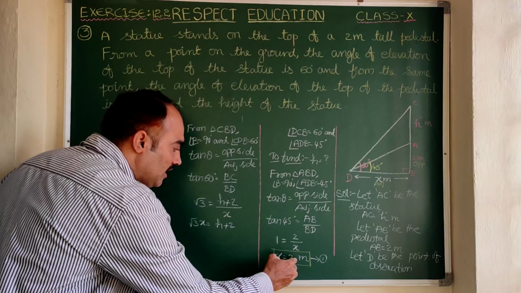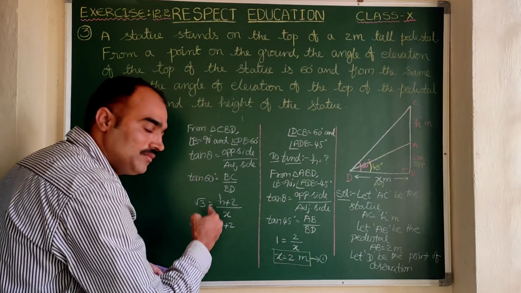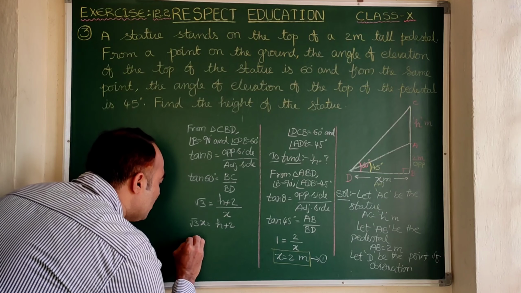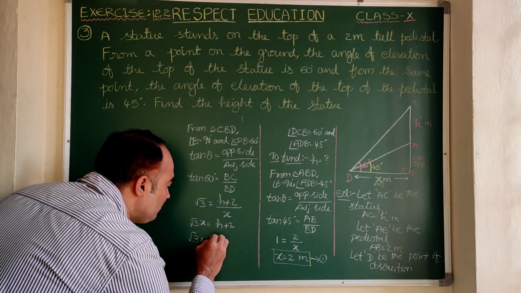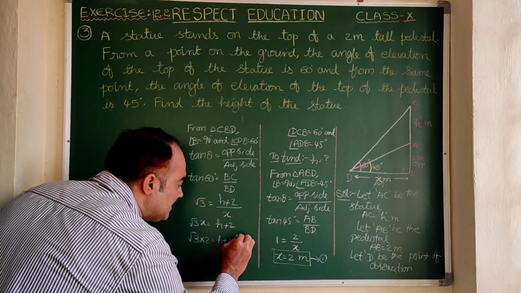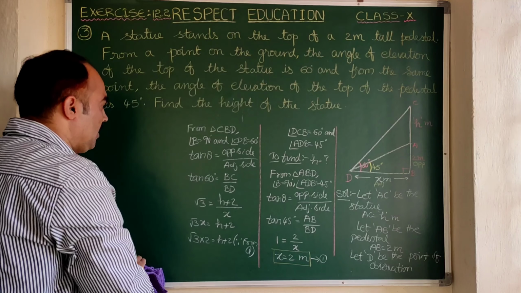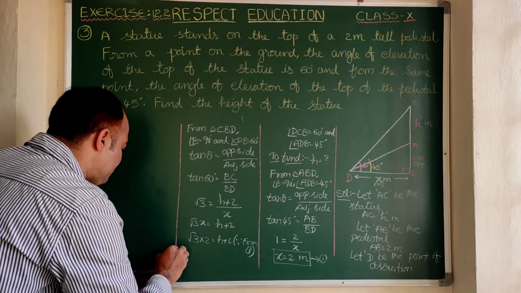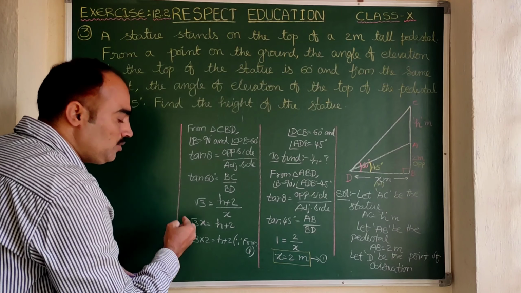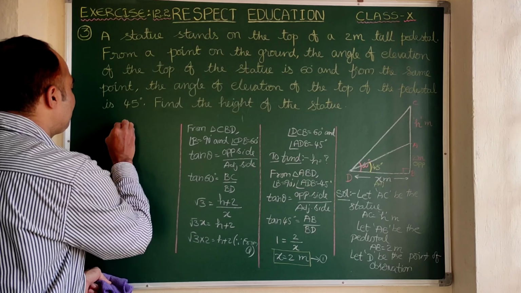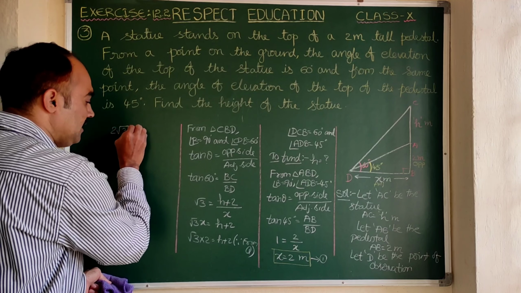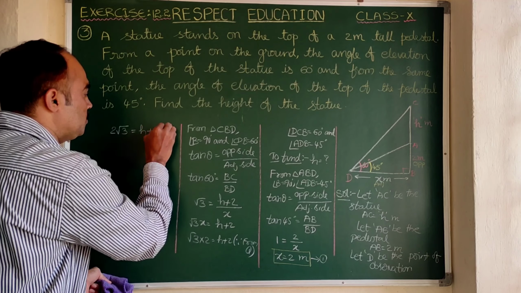So from equation 1, in place of x we can write 2. So here we can write root 3 into 2 is equal to h plus 2, since from equation 1. Now let us simplify further. 2 into root 3 is 2 root 3. 2 root 3 is equal to h plus 2.